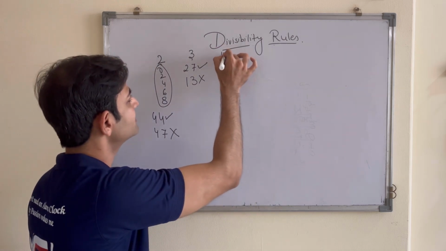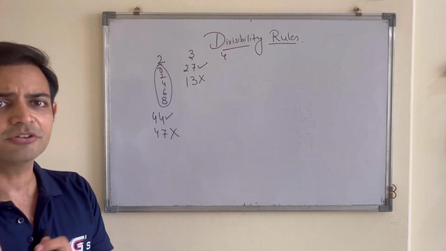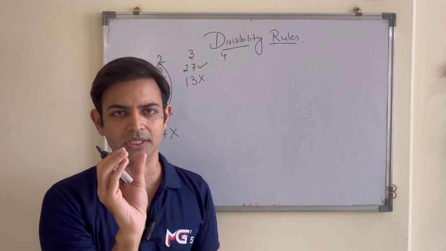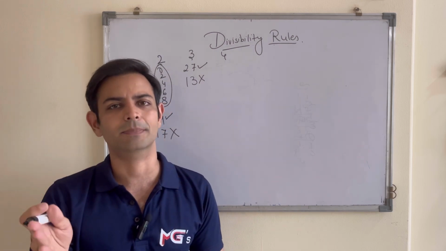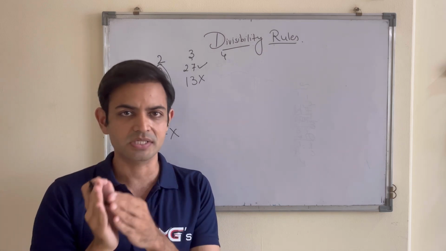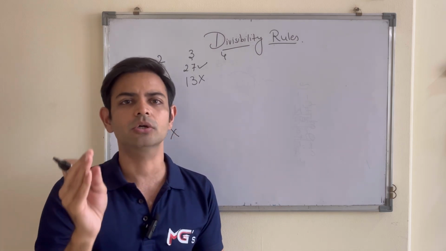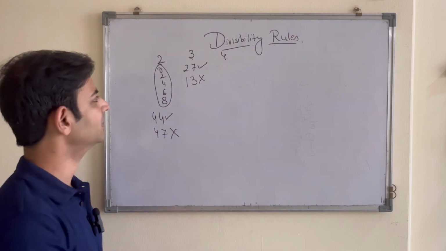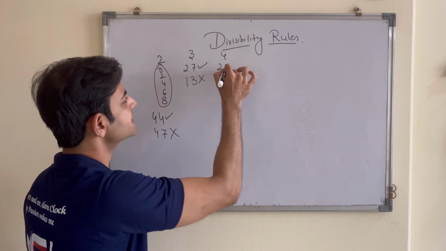Next, we have divisibility rule of 4. For the divisibility rule of 4, what we need to check is the last two digits, that is the tens and the unit place. These two numbers should be either 0, 0 or should be divisible by 4. For example, let's take 216.